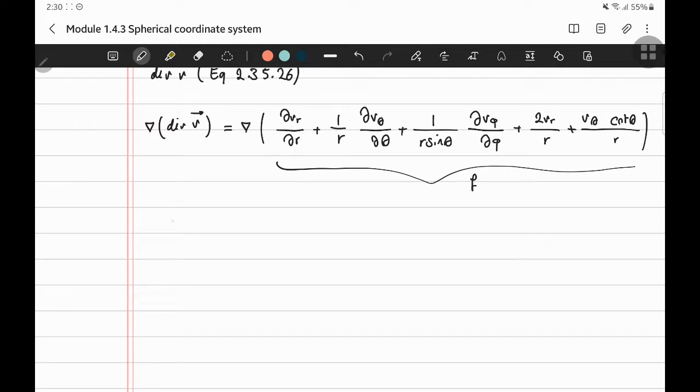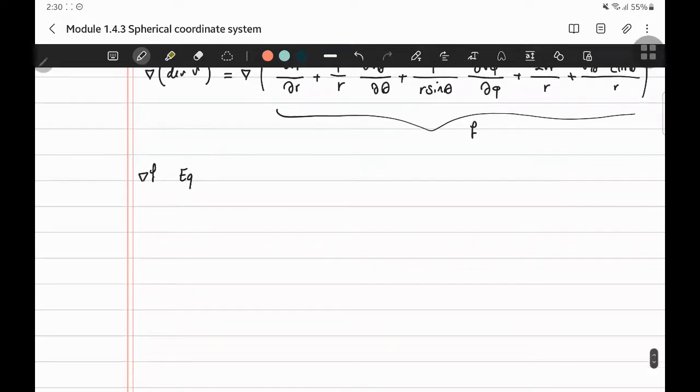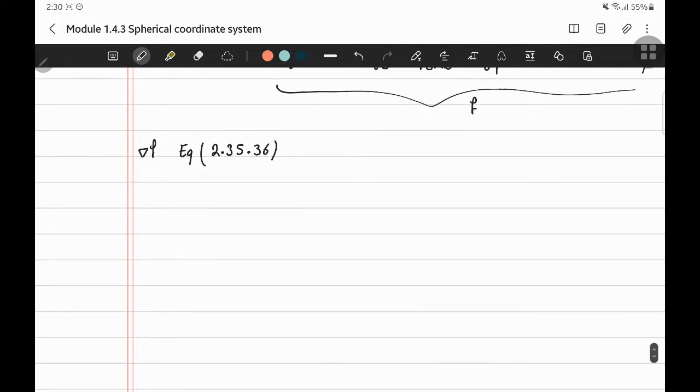And you already know that del f comes from equation 2.35.36.